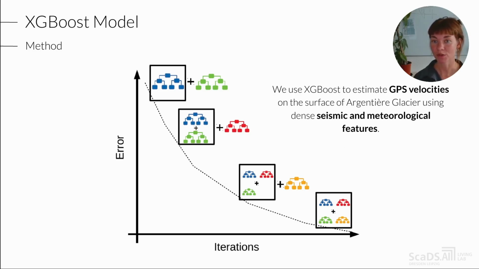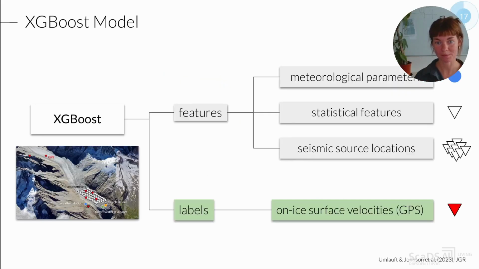And what we use as input features here is seismic data and meteorological data. And what we want to predict here, so what our label is, the GPS velocity. So we want to find the underlying function between the GPS velocity and the feature space.